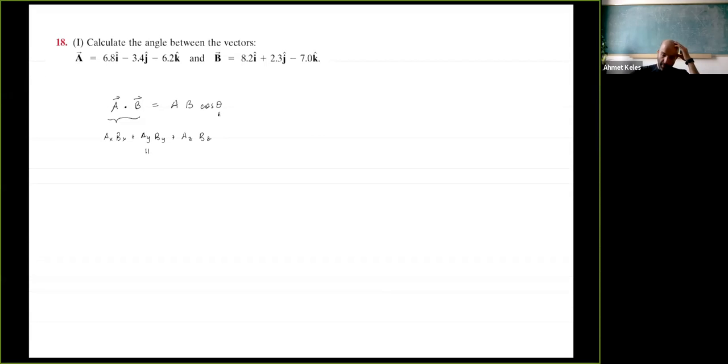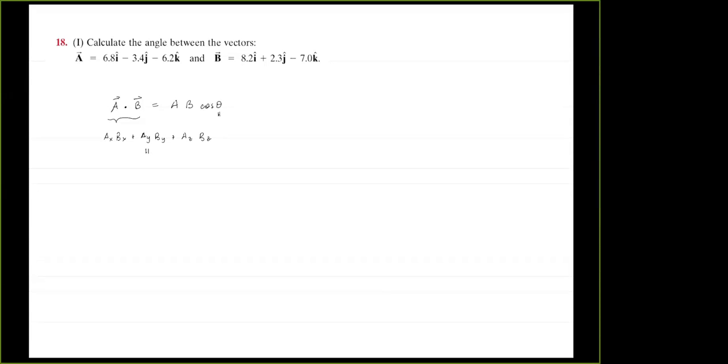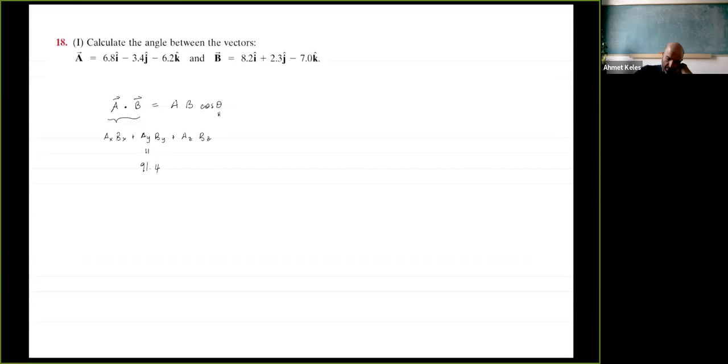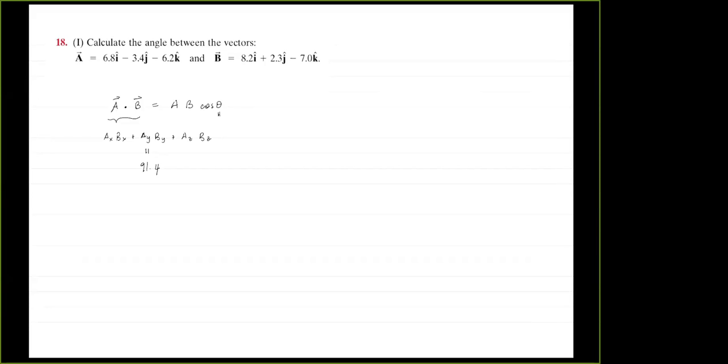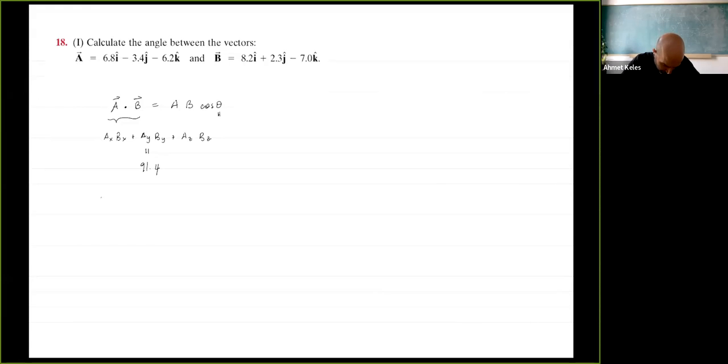What did I find? 91.4. Yes, so this is the result. And now I need to calculate A. A, we know from the Pythagorean theorem, is equal to the square root of Ax squared plus Ay squared plus Az squared.